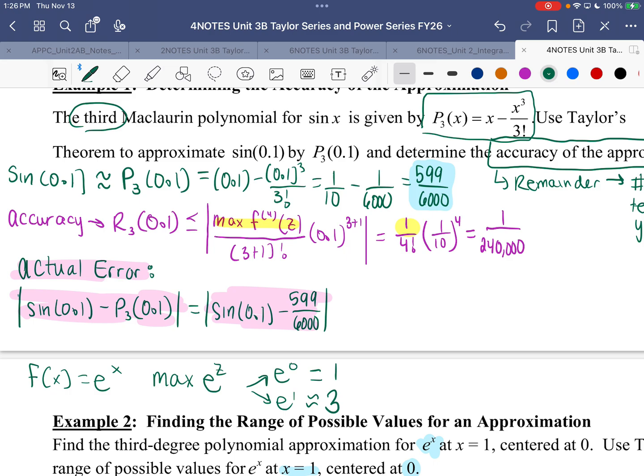So we want to make sure that our actual error is less than the remainder. Probably shouldn't have colons there. So the remainder was 599 over 6,000.